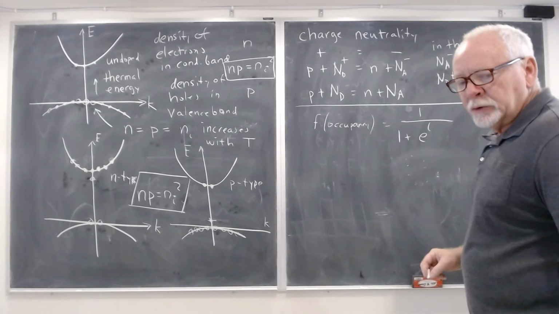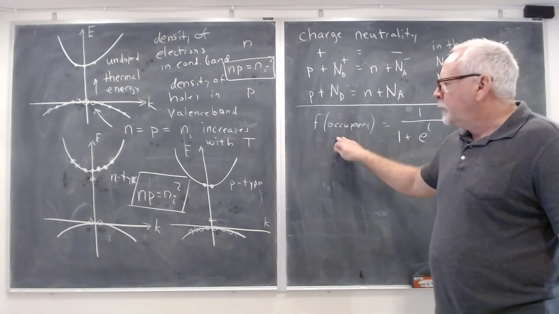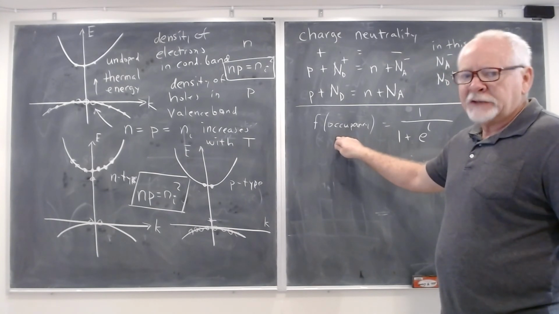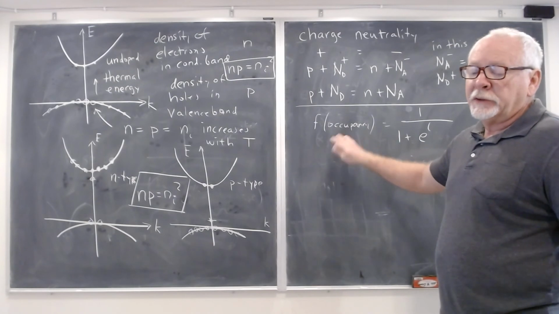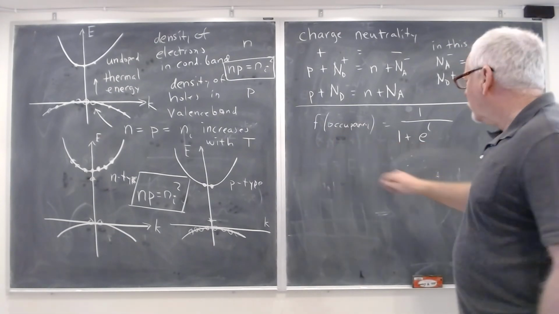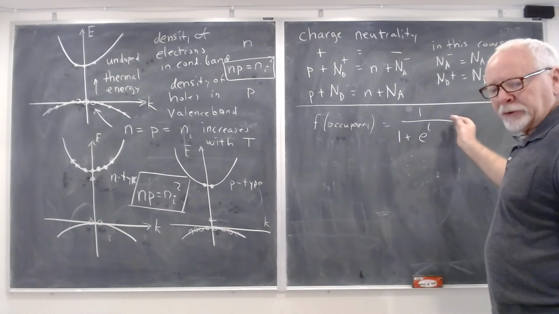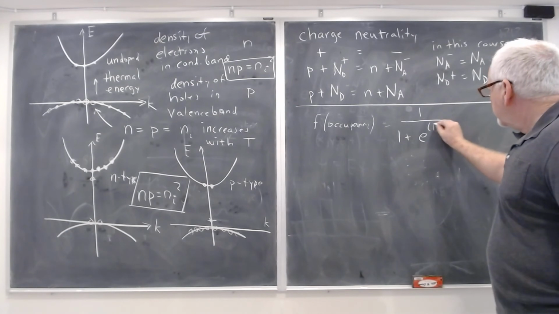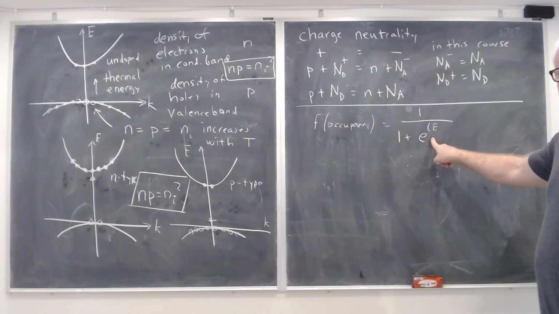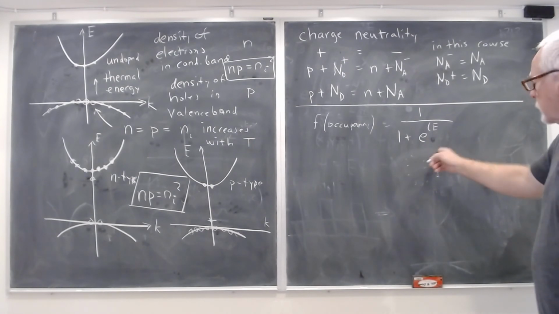Here, it's always helpful when you write this to think about the fact that the occupancy of a state has to go down with energy. That's if we're talking about electrons. We'll get to that in a second, but for a moment that's what we're talking about. So when you write it down, you can forget whether it's E or E_F. It's E, because that's in the denominator, and so that means that f is going to go down with E, if you look at it.